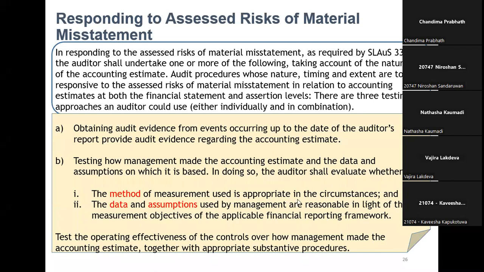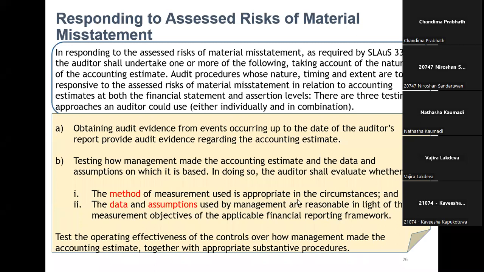The first precondition is that the design effectiveness should be assessed and considered to be appropriate, right? Then test the operating effectiveness of the controls over how management made the accounting estimate, together with appropriate substantive procedures. Now, substantive procedures have two aspects: substantive analytical review procedures and test of details.